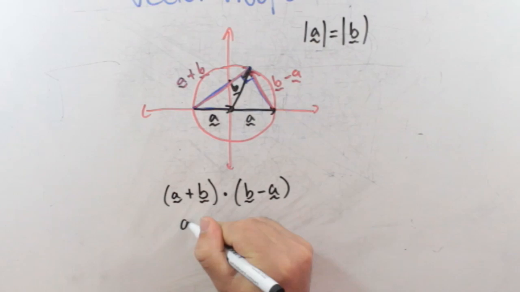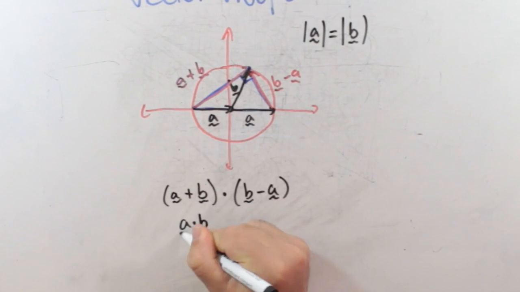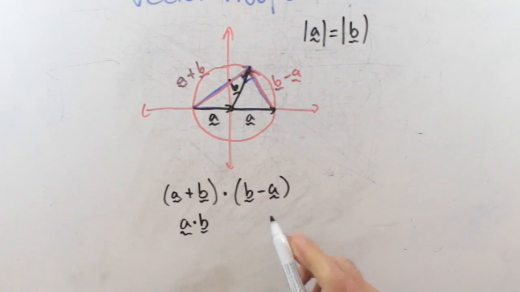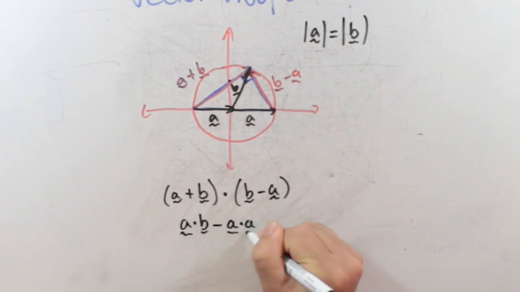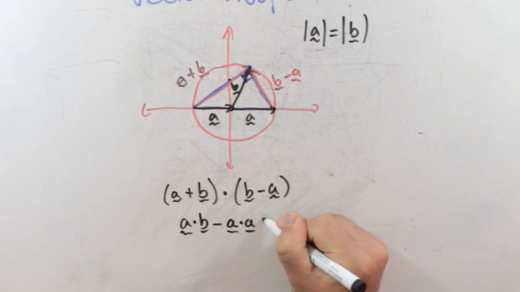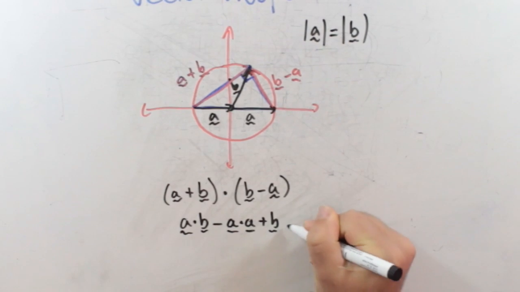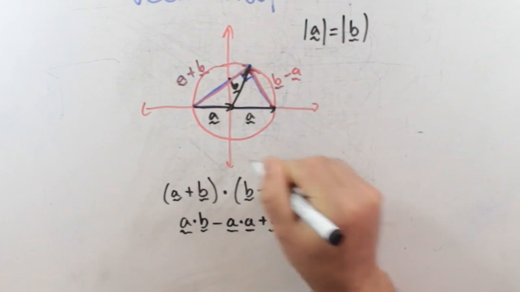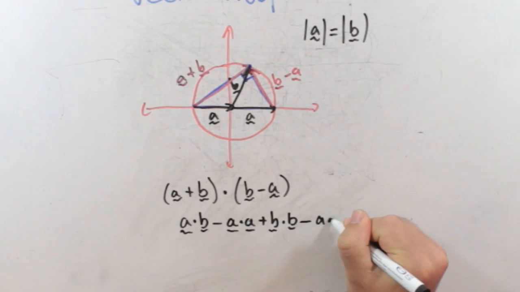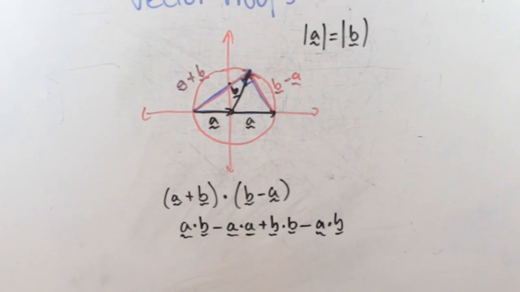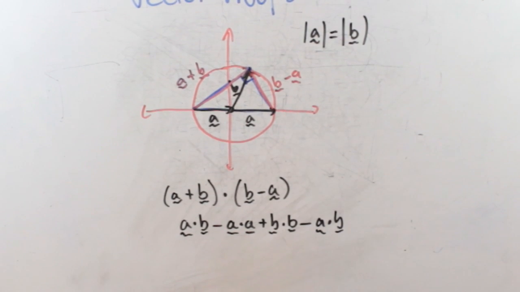We get a dot b, expand that out, minus a dot a, plus b dot b, minus a dot b. We've got a dot b, which is a scalar number, minus a dot b, so they're gone.